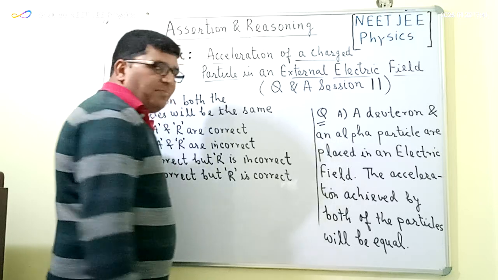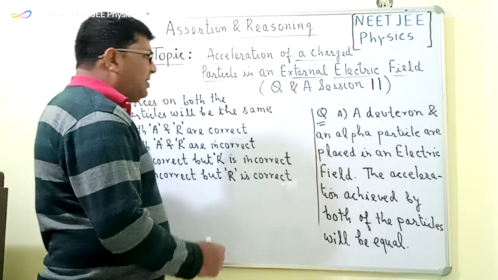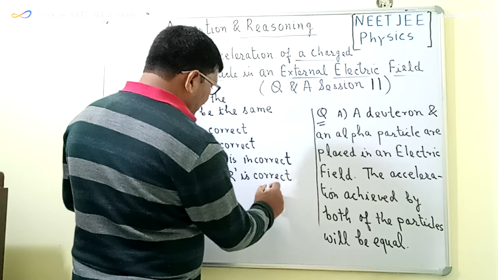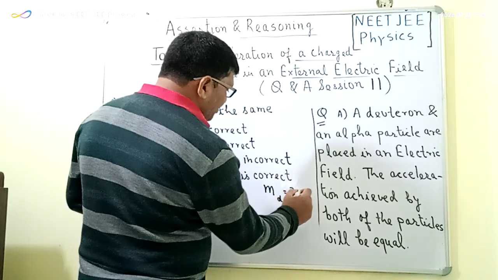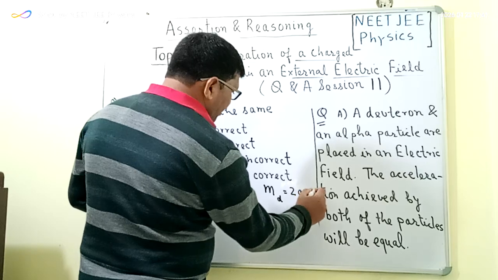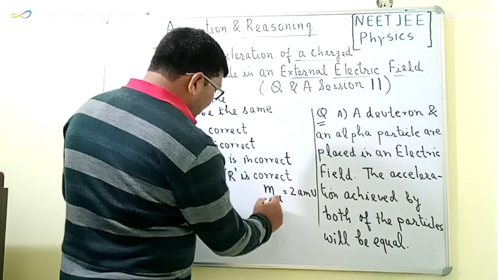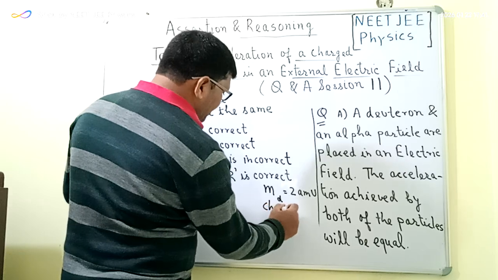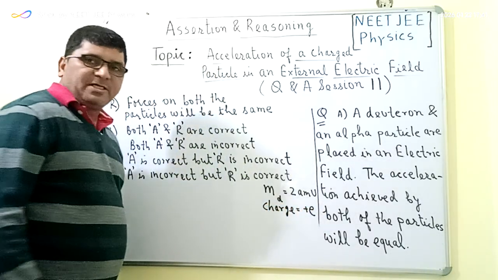Now, deuteron is basically the nucleus of a heavy hydrogen, and the mass of the deuteron, let us say md, is approximately equal to 2 atomic mass unit, and the charge on the deuteron is equal to plus e. So this is basically a positively charged particle.